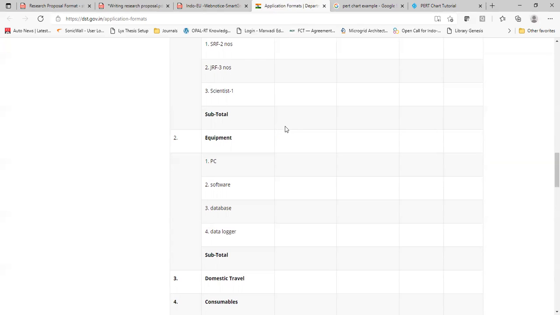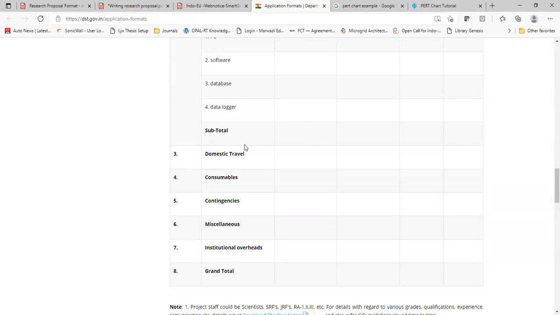If you have to do some kind of 3D printing, then it becomes a recurring expense. If you have to buy stationery, by the way, that comes under contingencies. Printed circuit boards, electronic components, resistors, capacitors and everything come under consumables.